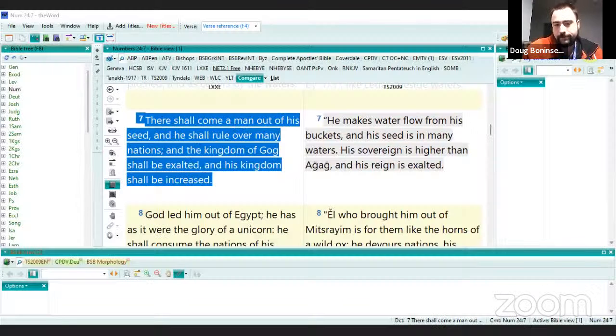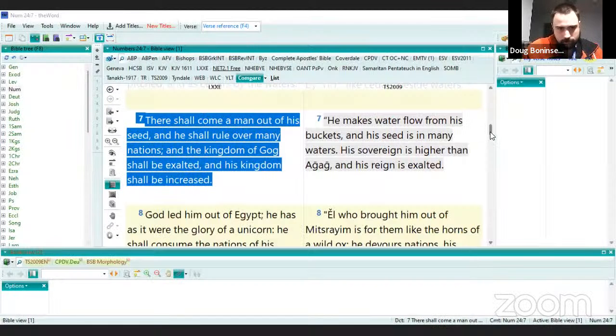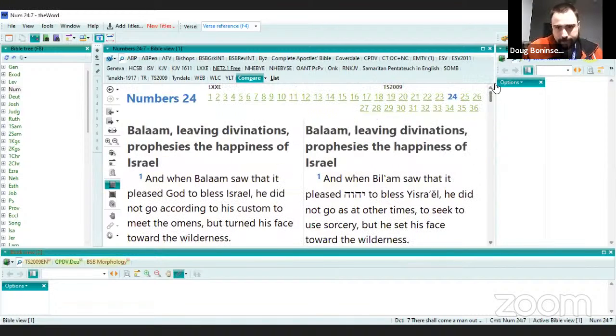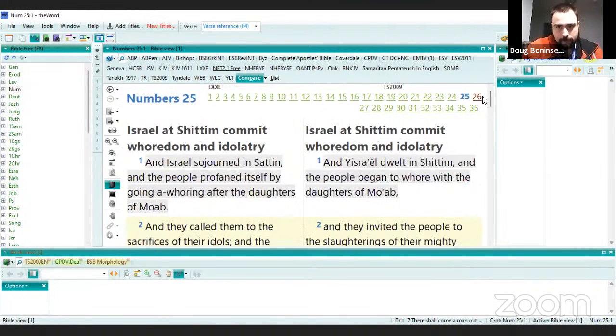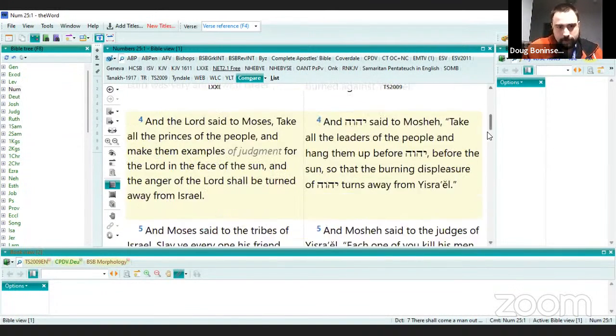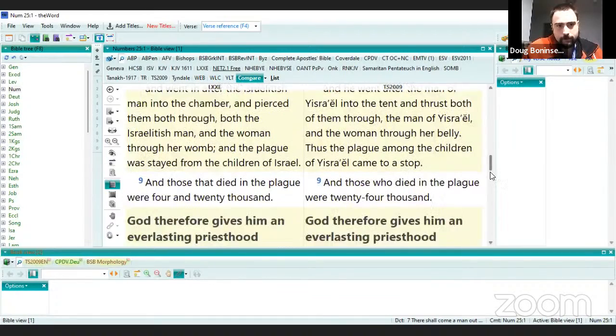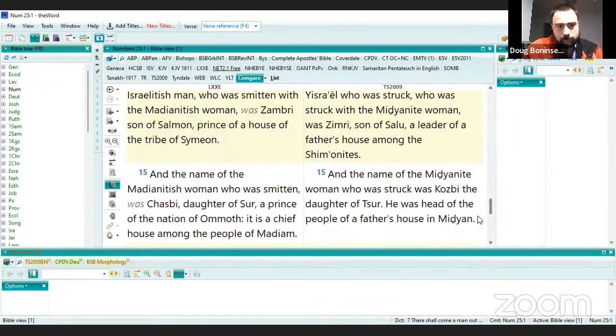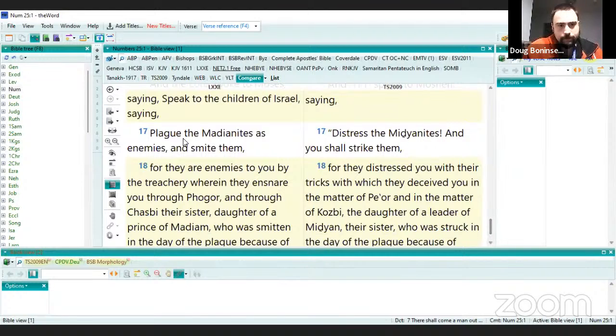Okay, 25, 17. This is an interesting portion, being that Moshe's wife is a Midianite, and her father. And this is an interesting passage, I think. They treated you as enemies.